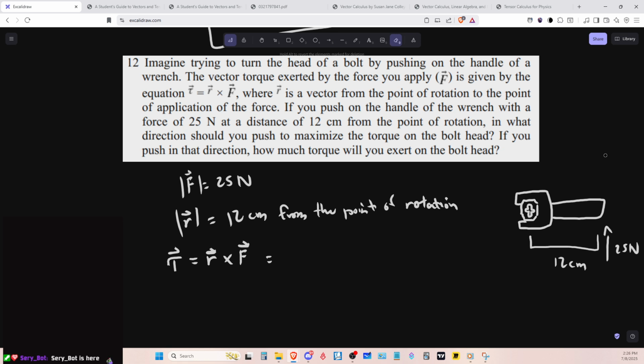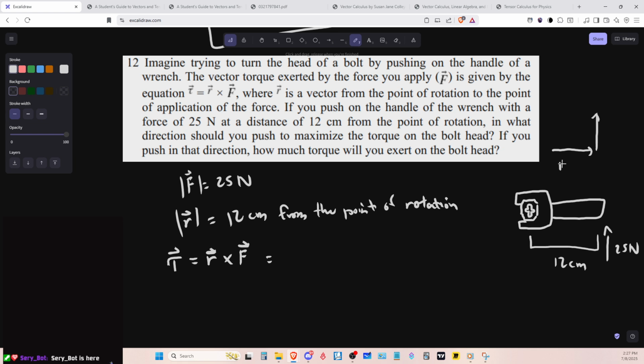Because what I'm thinking is that the way it looks is like this, and then the distance from the, now with this in mind, that's just a little free-handed diagram.